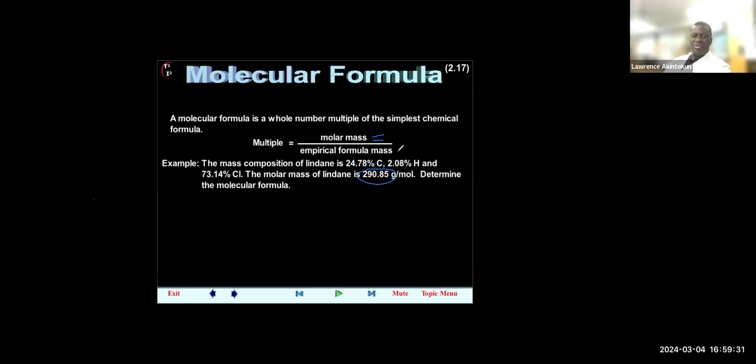So the mass will go underneath here. And whatever answer you get, which is going to be a whole number, will be the subscript outside the empirical formula that you finally got.